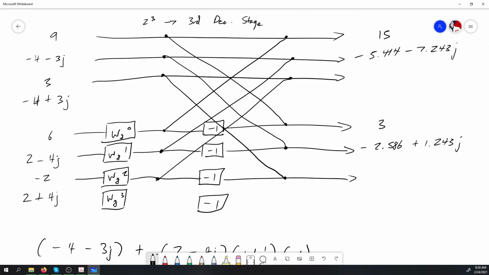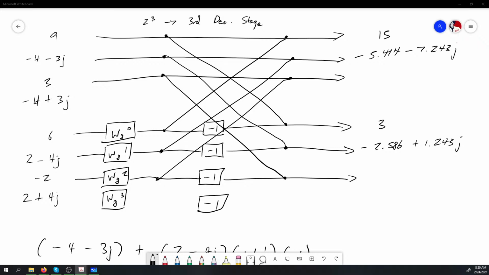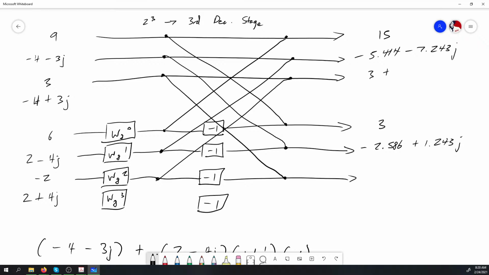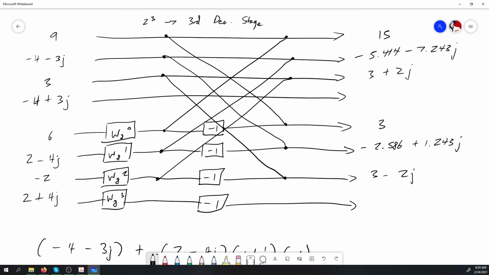And in the interest of time, I'm just going to put down what the answer is here. So this one should be 3 plus j, and this one here is going to be 3 minus 2j. And then we're just going to complete here. It should be minus 2.586 minus 1.243j.